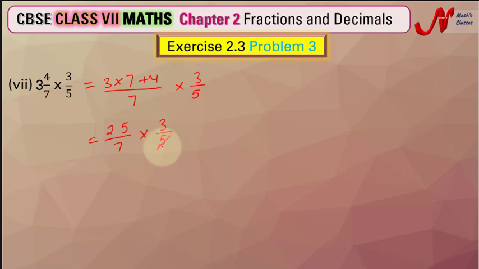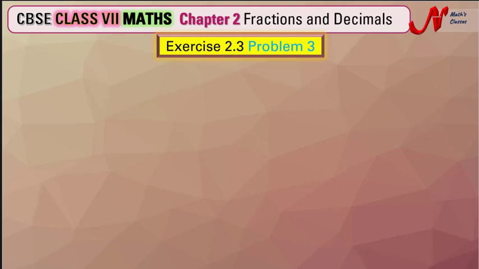Here cancellation is possible, so we cancel 5 ones are 5, 5 fives are 25, which is equal to 5 by 7 into 3 by 1, which is equal to 5 into 3 by 7 into 1, which is equal to 15 by 7 ones are 7.